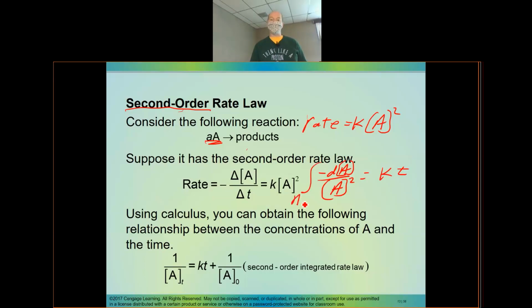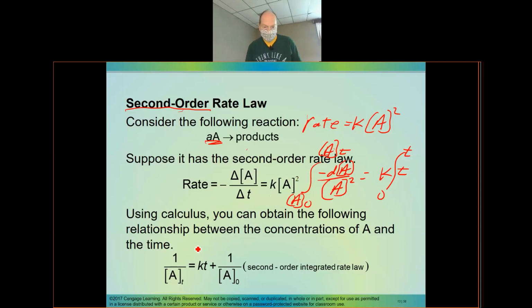We integrate it from the initial concentration to the concentration at time t, from 0 time to time t. And then when you integrate dx over x squared, you get negative 1 over x. All right, and so the integration is, for that, a negative 1 over x. The negatives then go away.